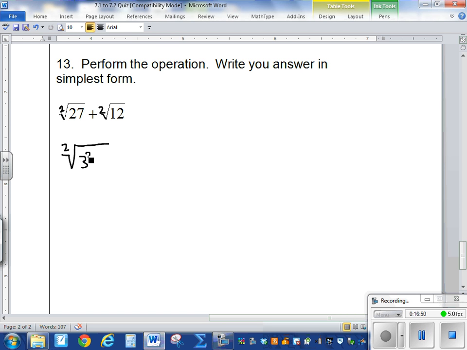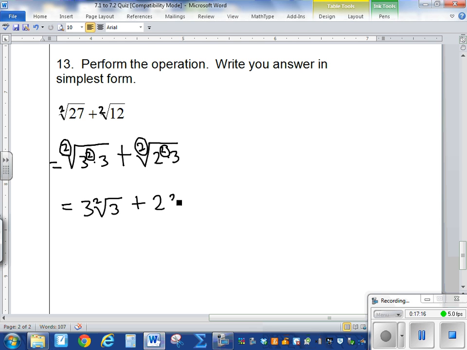So 3 squared times 3 plus 2, perfect square, and there's a 4, which is a 2 squared times a 3. Now that you've got your matching powers and roots, you can take out a 3 here. That other 3 stays in. And this has the same root, same power, so you can take a 2 out.